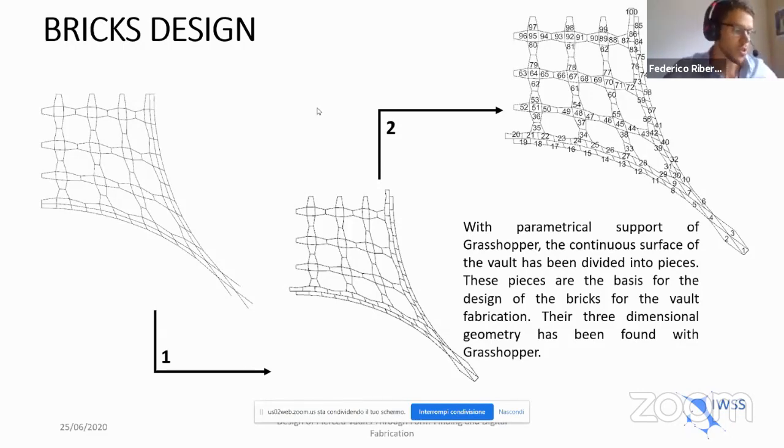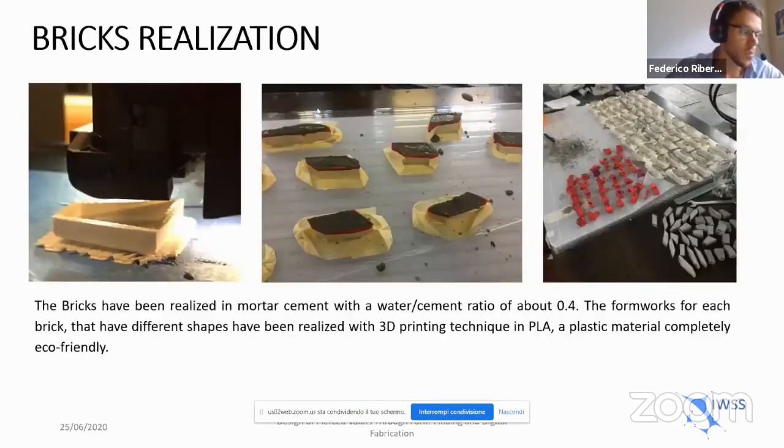Their three-dimensional geometry has been found with Grasshopper. The bricks have been realized in cement mortar with a water-cement ratio of about 0.4. The formworks for each brick, which have different shapes, have been realized with 3D printing in PLA, a completely eco-friendly plastic material.